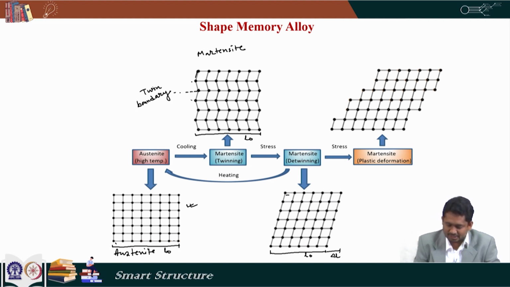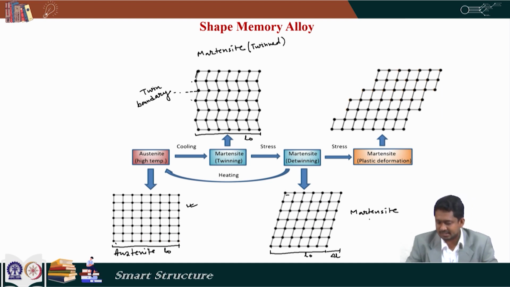If this dimension is L0, then from here to here the entire dimension is L0 plus delta L. This is also martensite. So, martensite can be twinned, which is called twinned martensite, and this is called detwinned martensite.